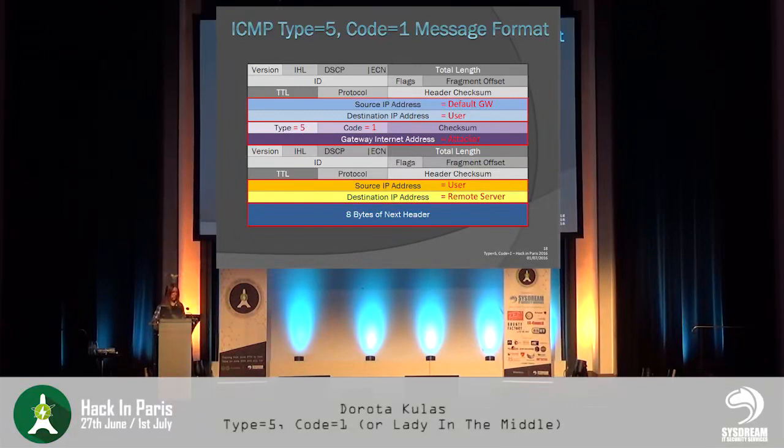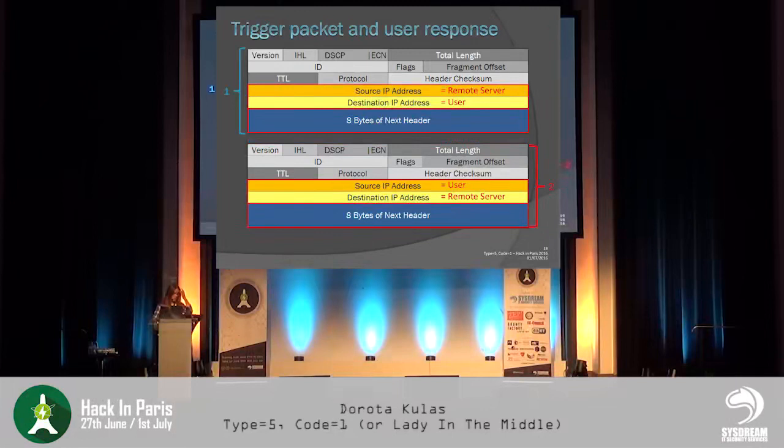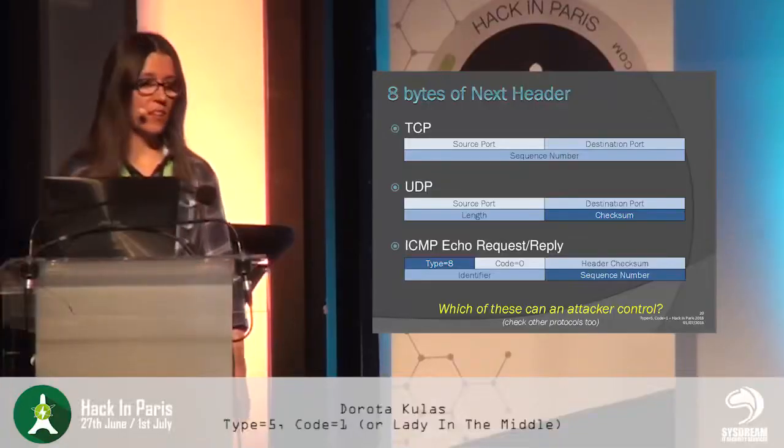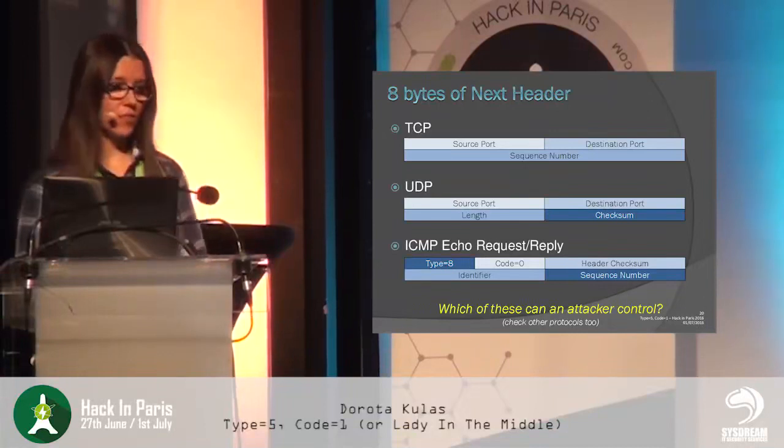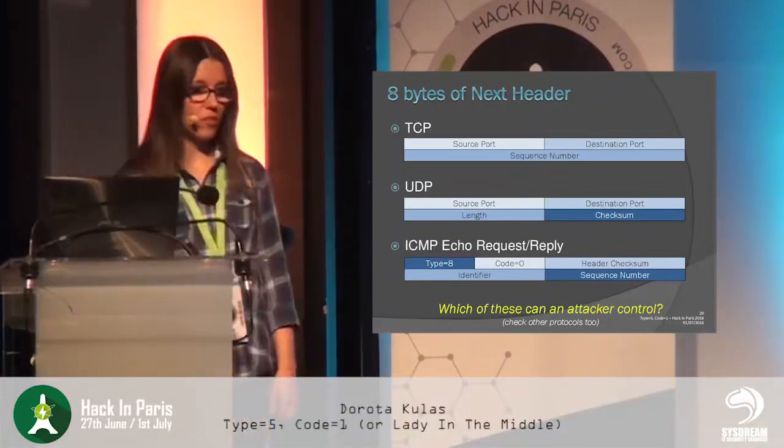What's in these 8 bytes? This is again packet number 1 from remote server to the user, just a header, and packet number 2, the user's response to packet number 1 to the remote server. So these are the 8 bytes of the next header for the 3 common protocols.